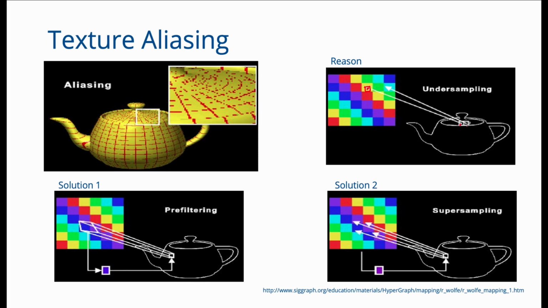However, the consecutive pixel on the rendered image is getting its information from a texel that is not next to the texel that the previous pixel got its information from. So the information from this green texel is completely missing from the scene.